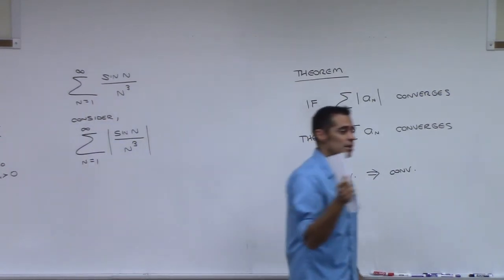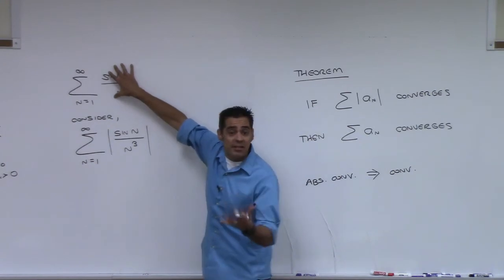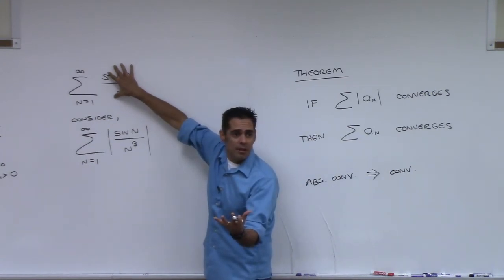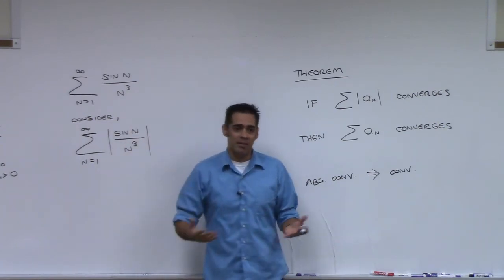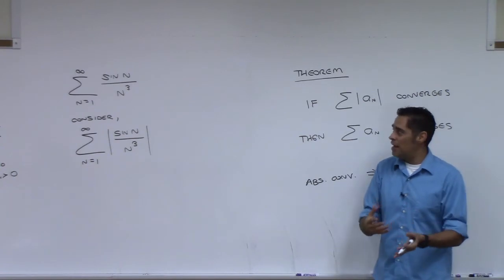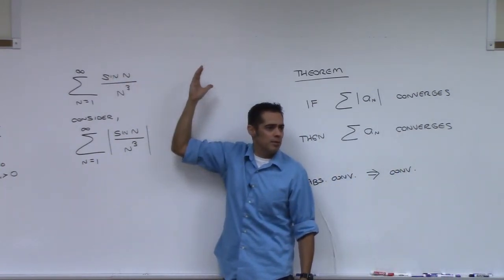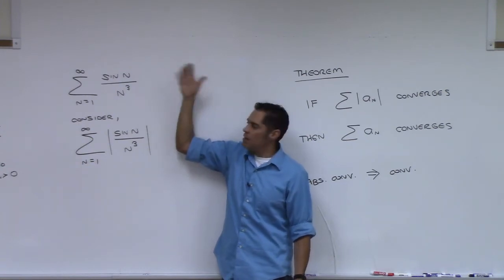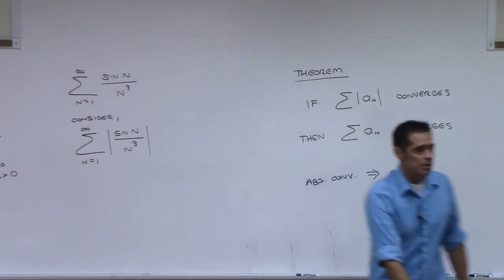It means if you're going to use the comparison test, the thing in here has to be positive all the time. And if I don't do this, then I can't use the comparison test. So you can't do that on an exam. You can't just say, oh, I'm going to compare this to a p-series, 1 over n cubed. You can't use comparison. You have to do this step first. Does that make sense? Okay. So now I'm going to use the comparison test.